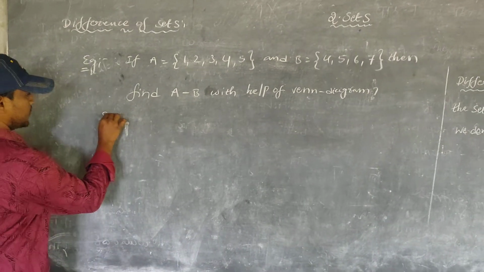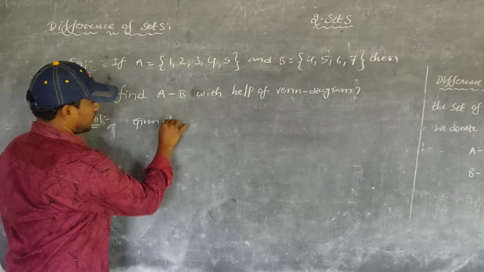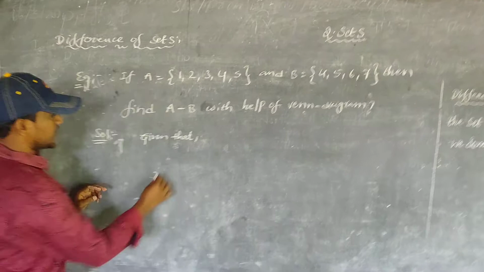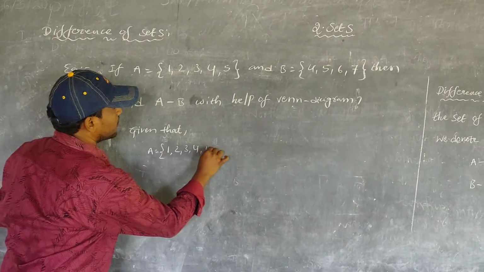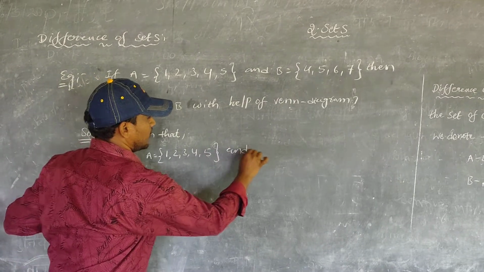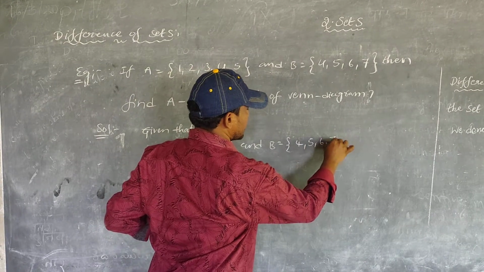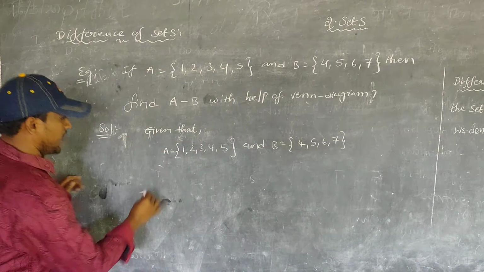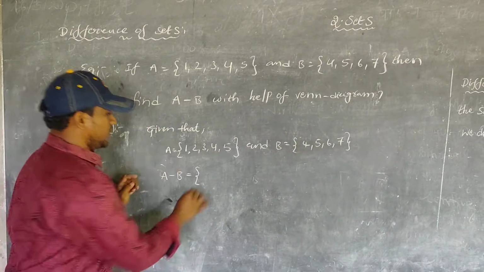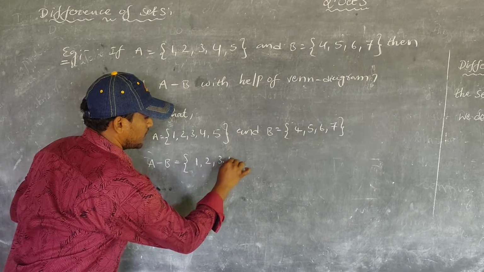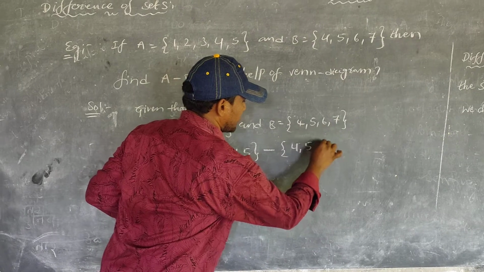Solution. Given set A is equal to {1, 2, 3, 4, 5} and set B is equal to {4, 5, 6, 7}. Find A minus B, the difference of the sets. First, {1, 2, 3, 4, 5} minus {4, 5, 6, 7}.